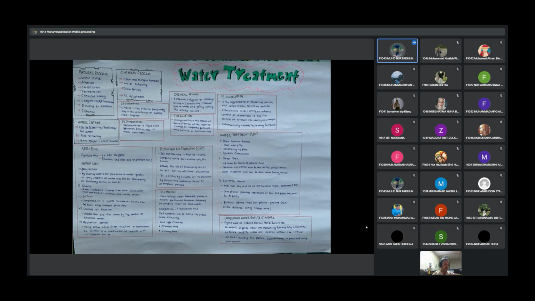Next, we have a chemical process. First is ferrum and manganese removal, water softening, disinfection, and pH adjustment.